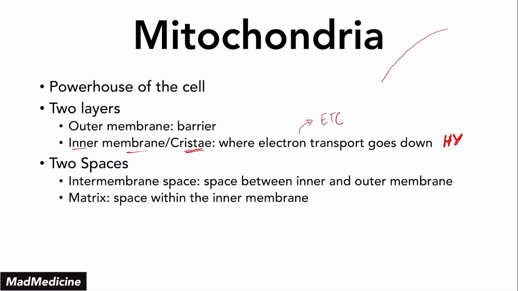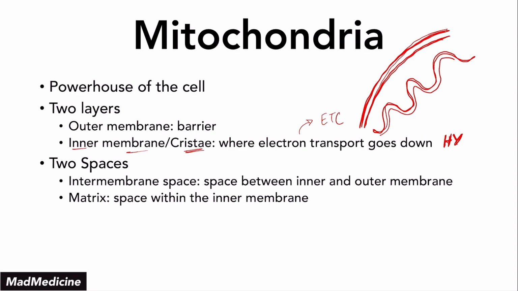But let's say this is your mitochondrial layer, okay? This is your outer membrane that I'm drawing right now. And then you have this inner cristae. And the cristae are this weird shape. So this is your outer membrane, and this is your cristae.